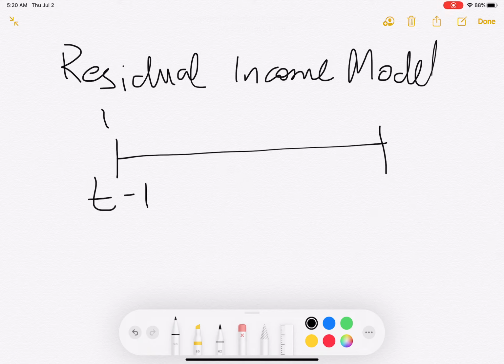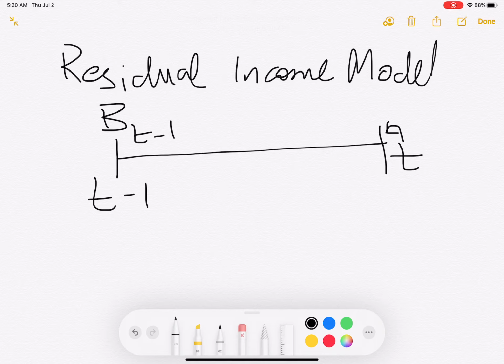Say at this level, the book value of the equity in each share is B_{t-1}. So this whole timeline is representing the time period T. So this is the end of time period T, right?